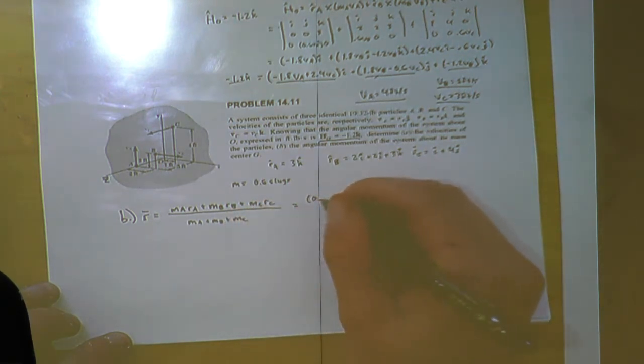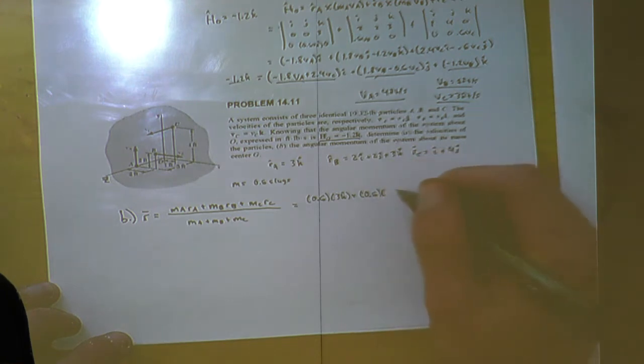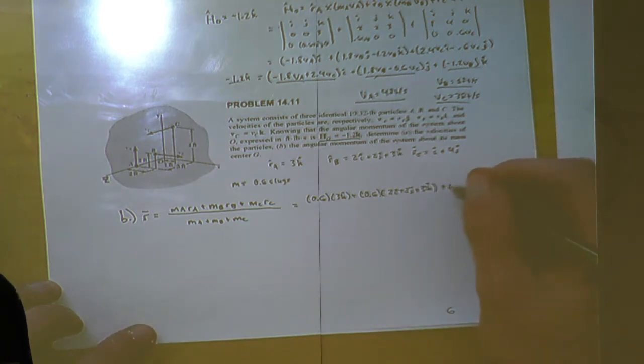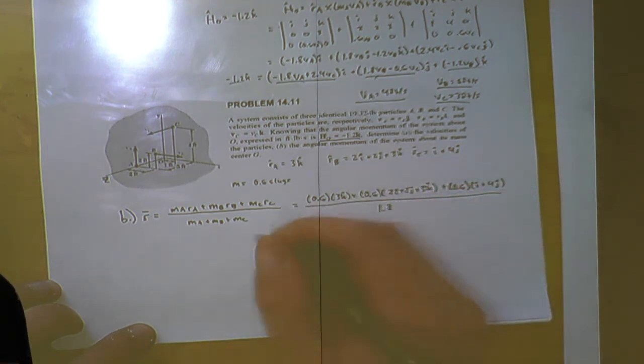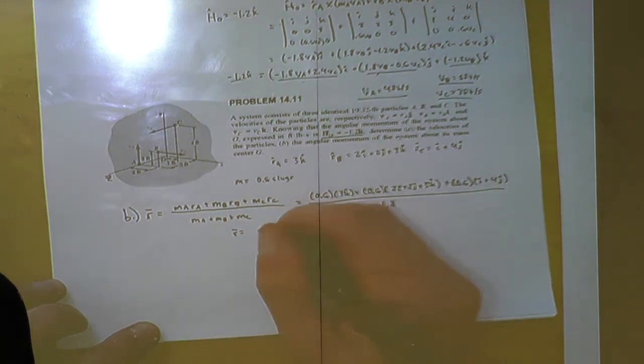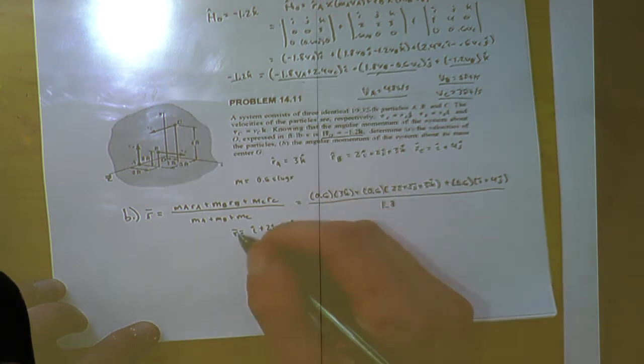So we have 0.6 times 3K plus 0.6 times 2I plus 2J plus 3K plus 0.6 times I plus 4J. And that's all over 1.8. And that's going to give us I plus 2j plus 2k. And so that's our location of G.